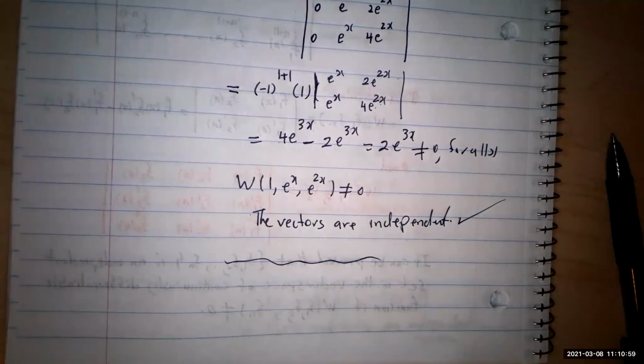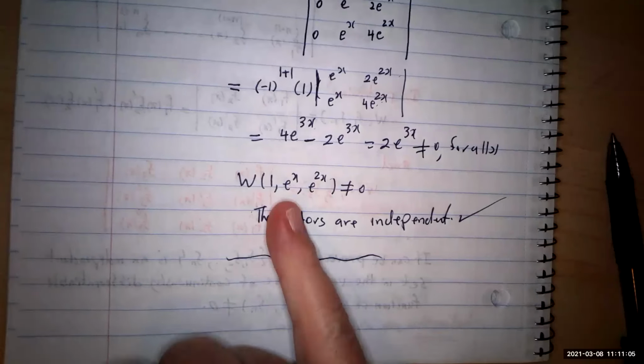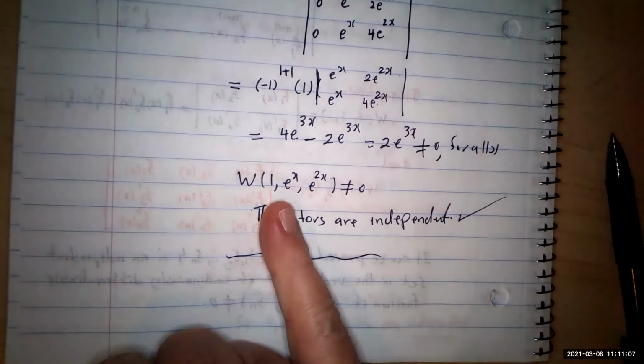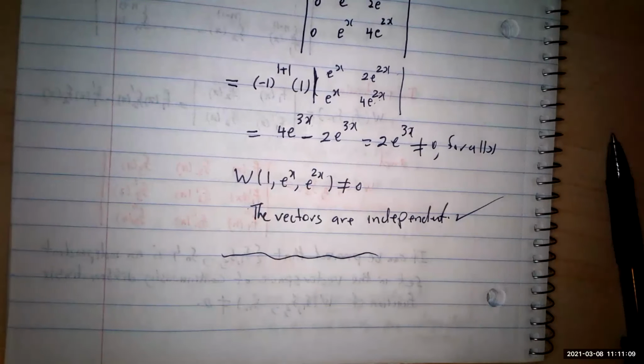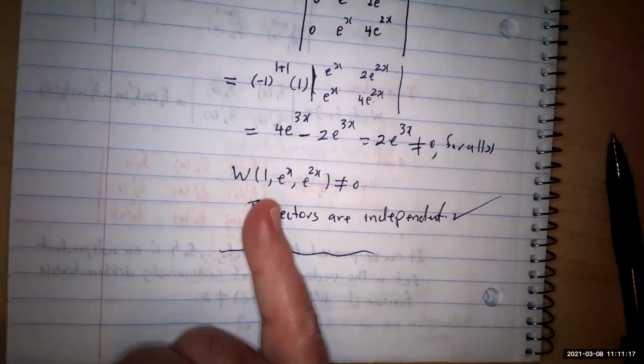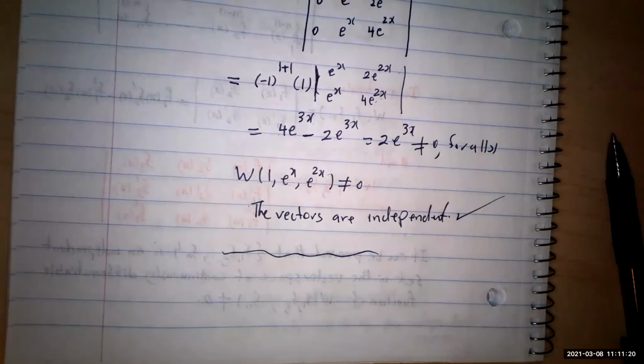A spanning set is a set that creates the vector space for you. This one is a spanning set of all the solutions of this differential equation, so any solution is of the form C1 times 1 plus C2 e to the x plus C3 e to the 2x.